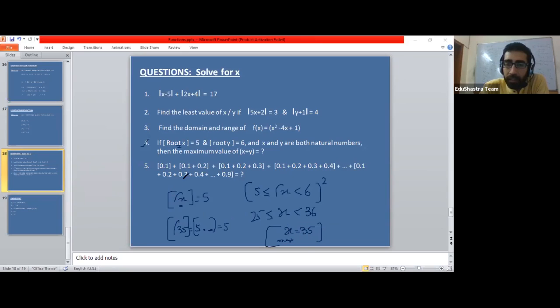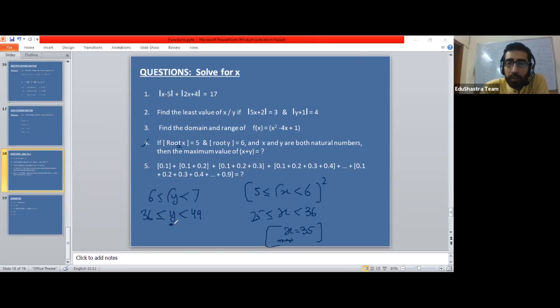And in a very similar fashion, y, since root of y is equal to 6, it means that root of y can be greater than or equal to 6, but less than 7. Cannot be 7. Which means y must be less than 49, but it can be greater than or equal to 36.